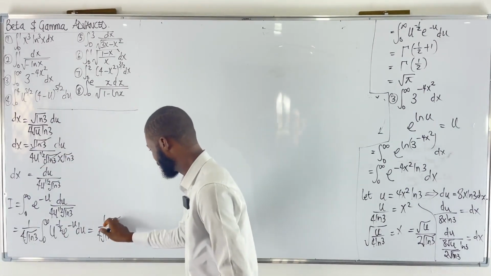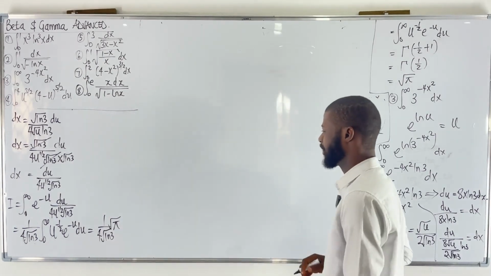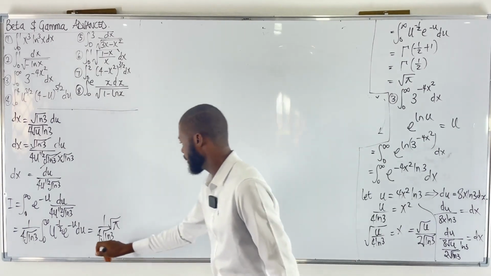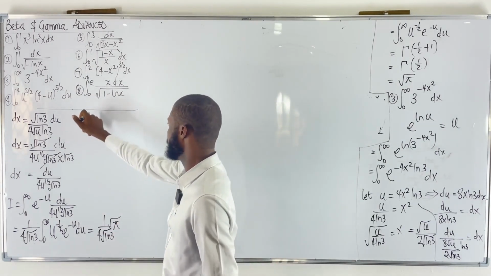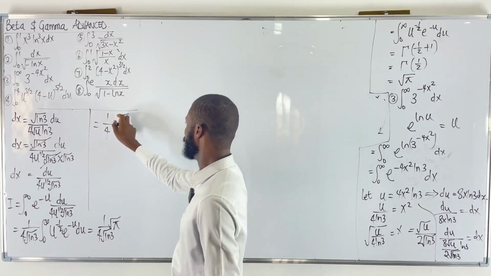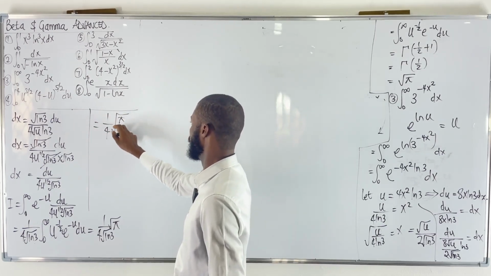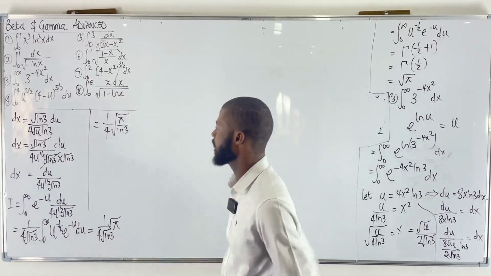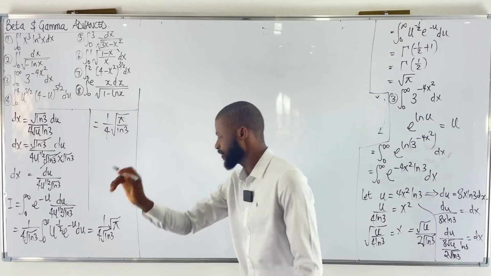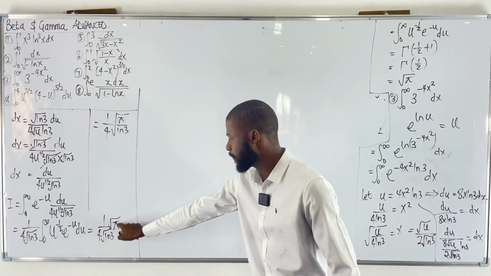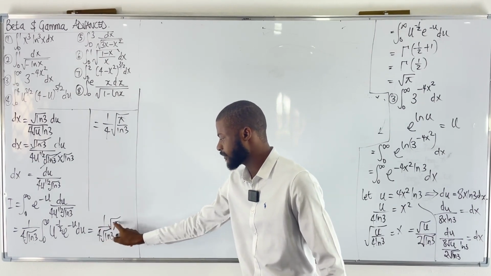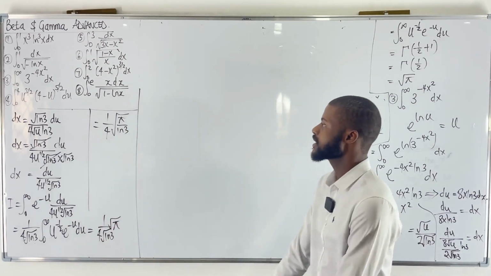This should be roots, because this was root pi. So the answer can best be written as 1 over 4 root pi over length 3. That becomes the answer to that very equation, because this pi has a square root, length 3 also has a square root, and they are both dividing.